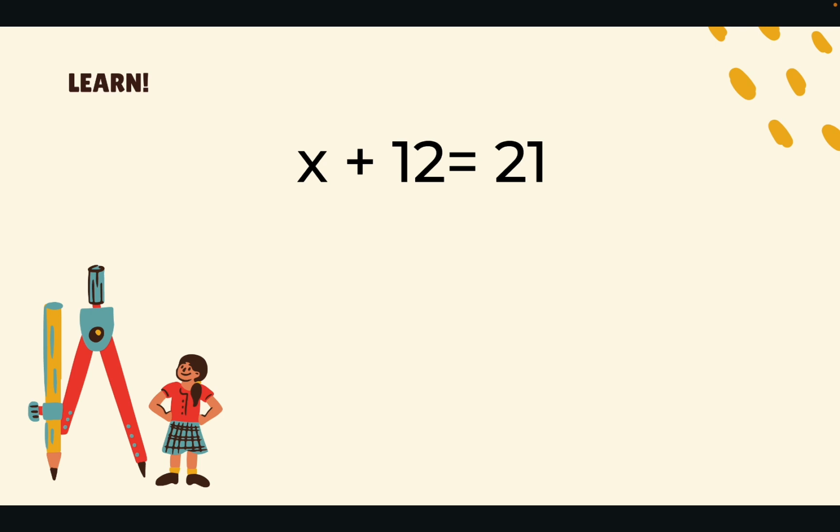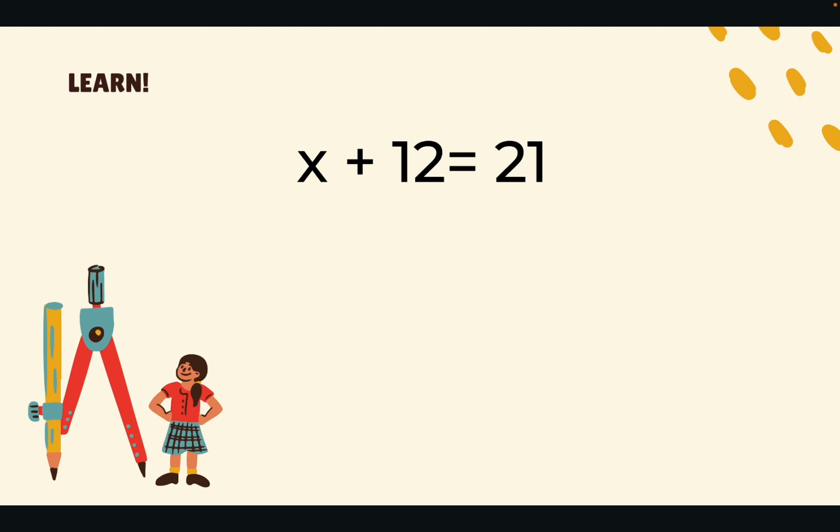To solve for that, we are going to transfer or transpose this constant 12 to the other side. If this is plus 12 or positive 12, when it is transposed to the other side, it will be in its reverse form. So what is the reverse form of plus 12?